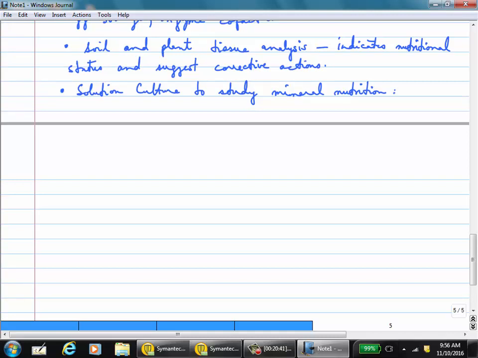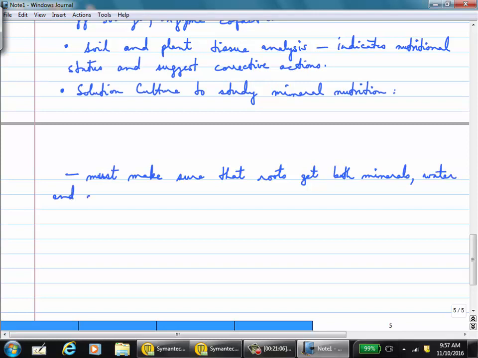So you must make sure that roots get both minerals, and water and oxygen. And there are a number of possibilities for doing that.